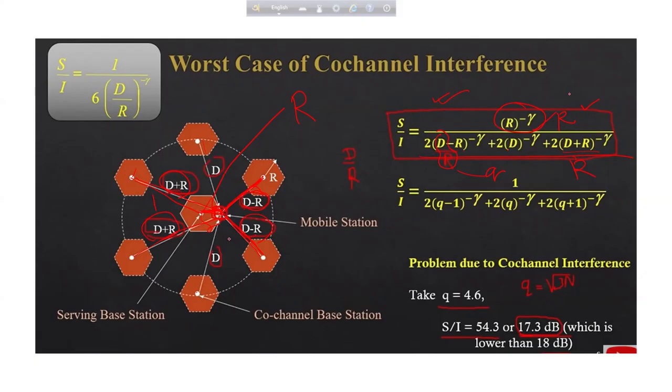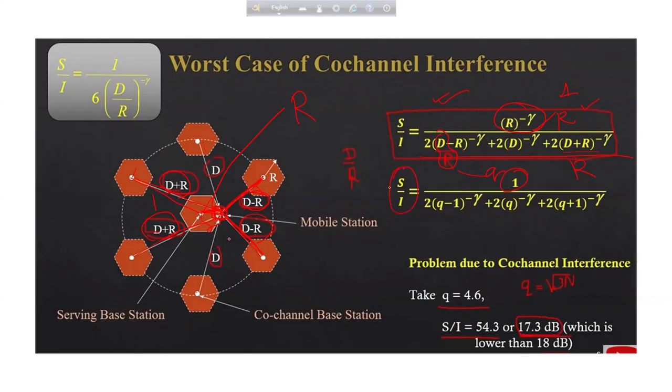We will get 1 here, and here we get 2 into q minus 1 to the power minus gamma, 2q to the power minus gamma, 2q plus 1 to the power minus gamma. Okay, so this is our worst case for co-channel interference.